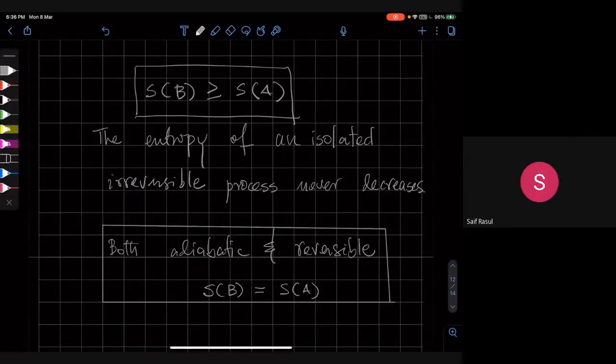This is implying that the irreversible process and the reversible process have the same entropy. Yeah, exactly. So maybe the premise is false. Is that the problem? Like it can't be adiabatic and reversible? It can be both adiabatic and reversible.